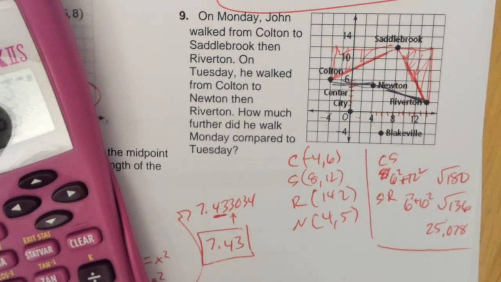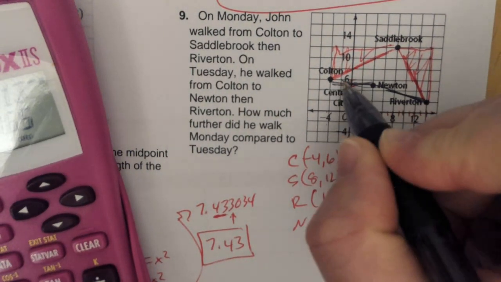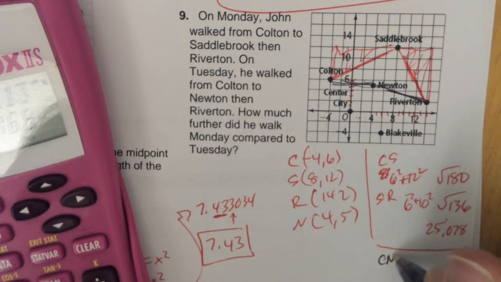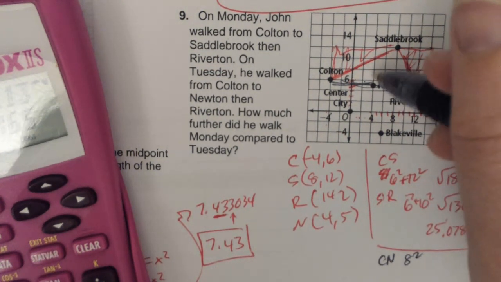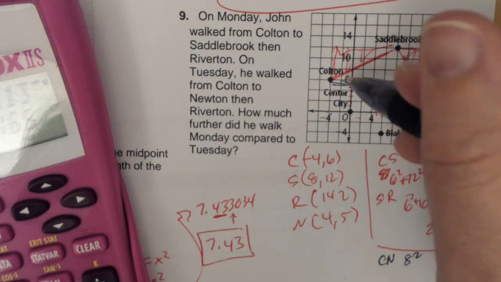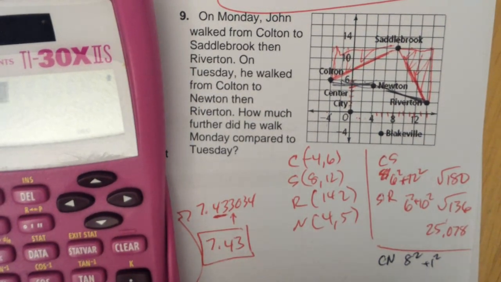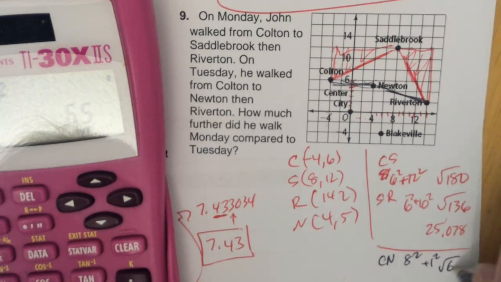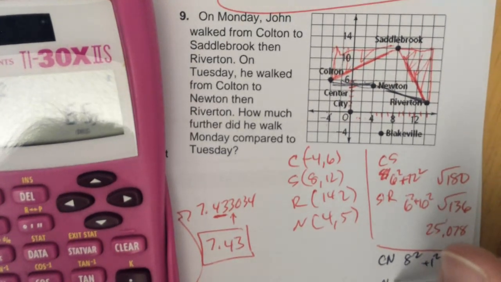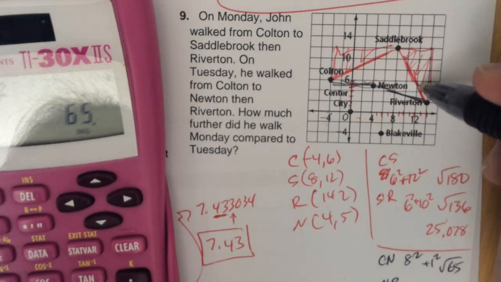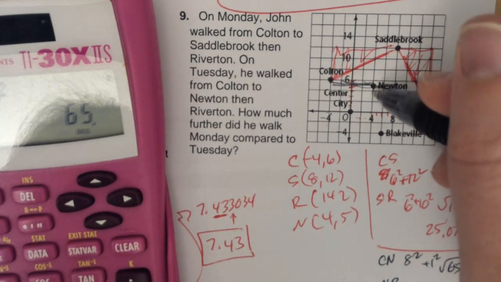Okay, and then on the black one, we went 2, 4, 6, 8. So Colton and Newton. So 8 squared, and that's only a 1 hop. So 8 squared plus 1 squared, and we get square root of 65. And then Newton to Riverton, I'm making a right triangle right here.